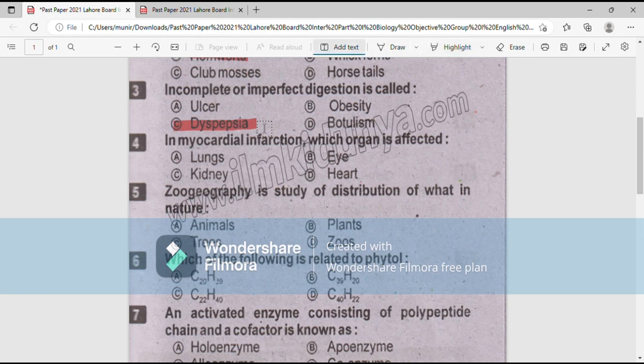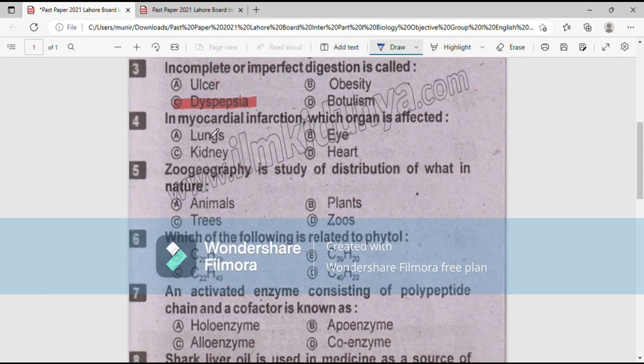The fourth MCQ is: in myocardial infarction, which organ is affected? Myocardial infarction, guys, is simply a heart attack, and a heart attack happens when one or more areas of the heart muscle do not get enough oxygen. So the correct option will be simply heart. In myocardial infarction, the heart is affected.